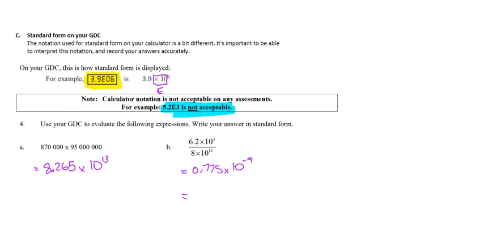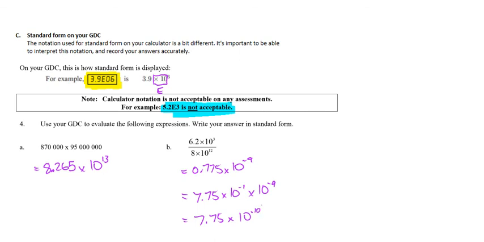And again, my A value doesn't quite fit, so I'm going to have to change that to 7.75 times 10 to the negative 1, and I'll simplify that answer at the end. You don't have to approach it this way. You can just type it into your calculator and get the answer, but you should get 7.75 times 10 to the negative 10.